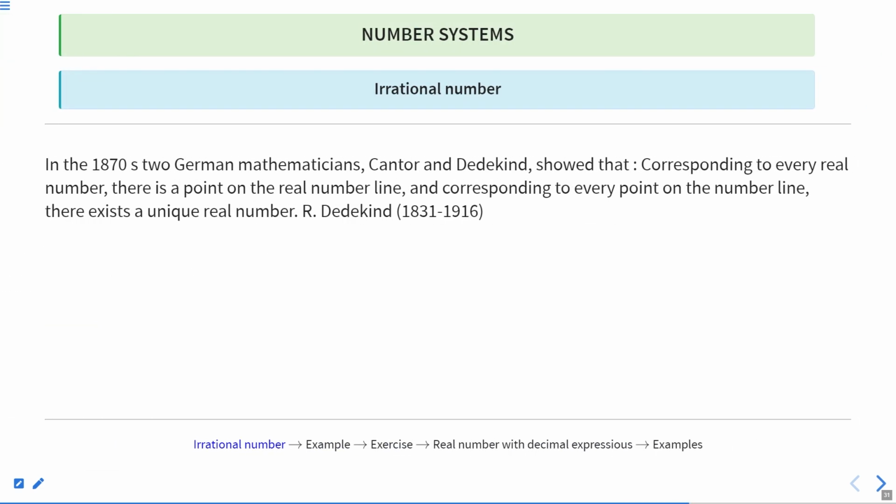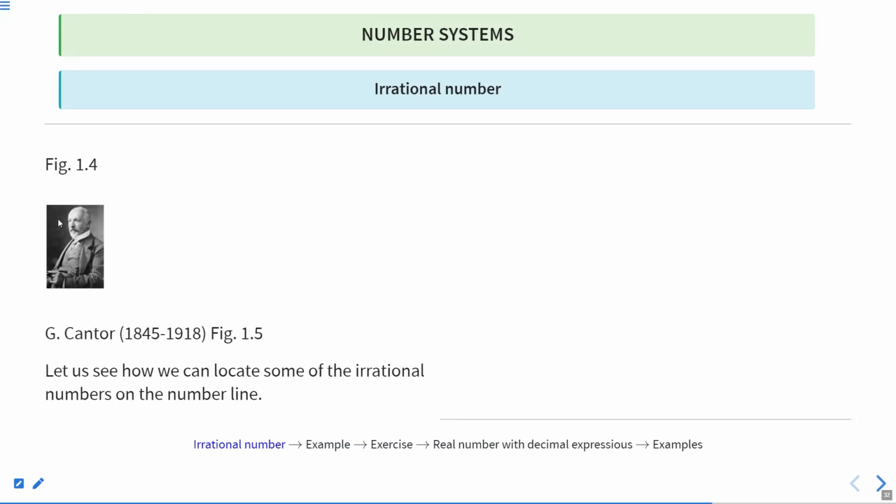In the 1870s, two German mathematicians, Cantor and Dedekind, showed that corresponding to every real number there is a point on the real number line, and corresponding to every point on the number line there exists a unique real number R. Dedekind and the great mathematician G. Cantor.